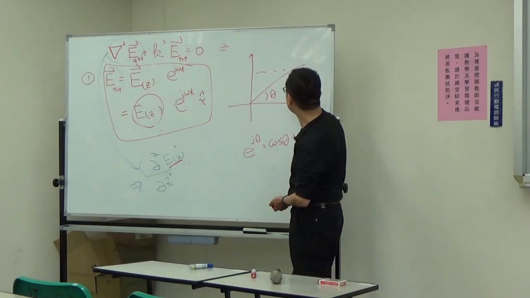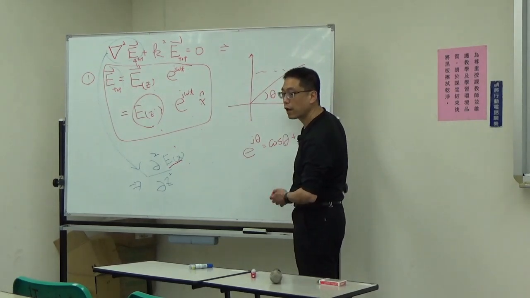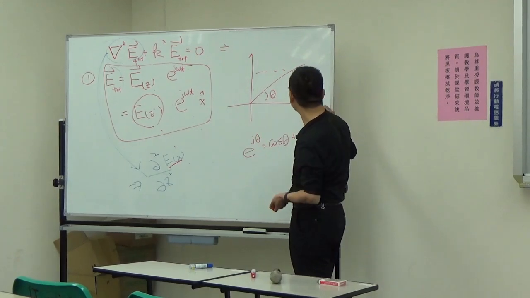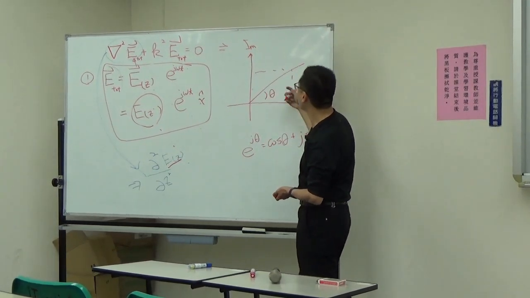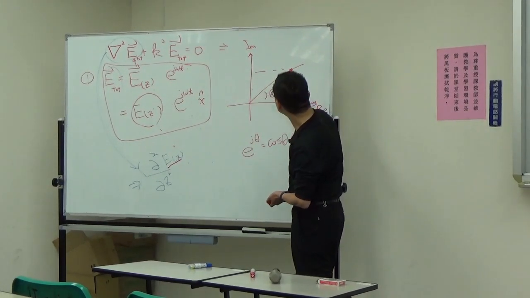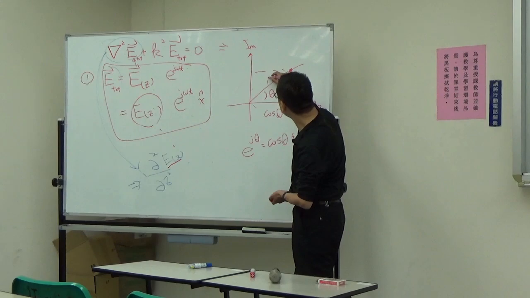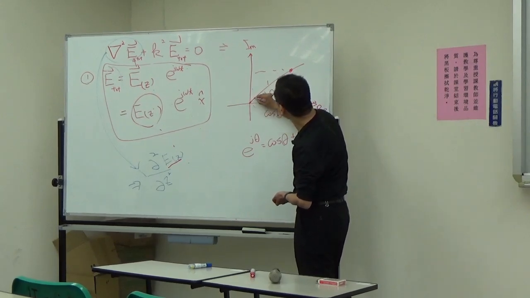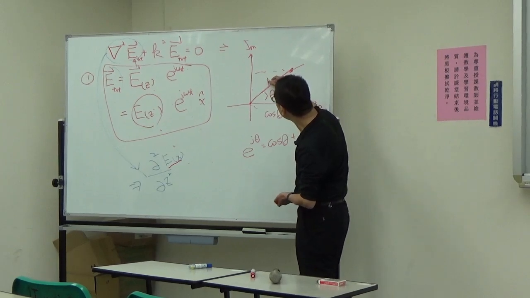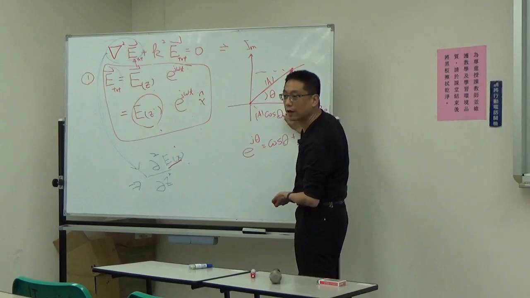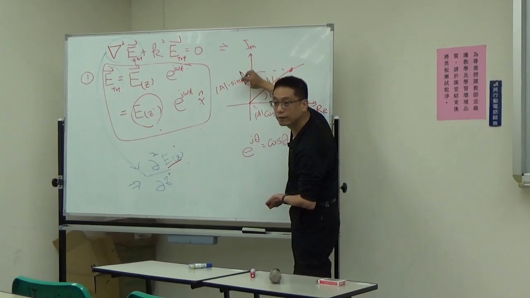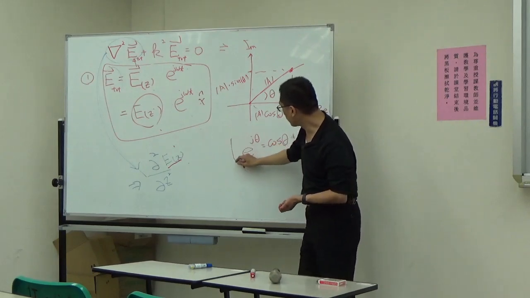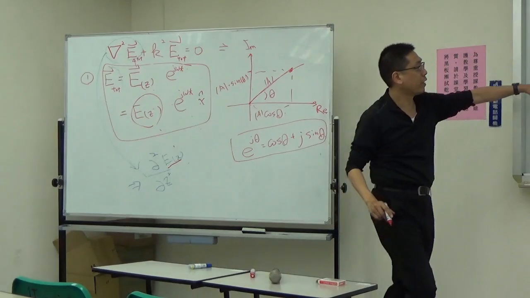Because if this is a complex coordinate, this is the real part and this is the imaginary part. You point here, this is cosine theta. If this is 1, this is cosine theta, and if this is 2, it's 2 cosine theta. So if the distance from here to the origin is A, this part is A cosine theta and this part is A sine theta. Remember, right?